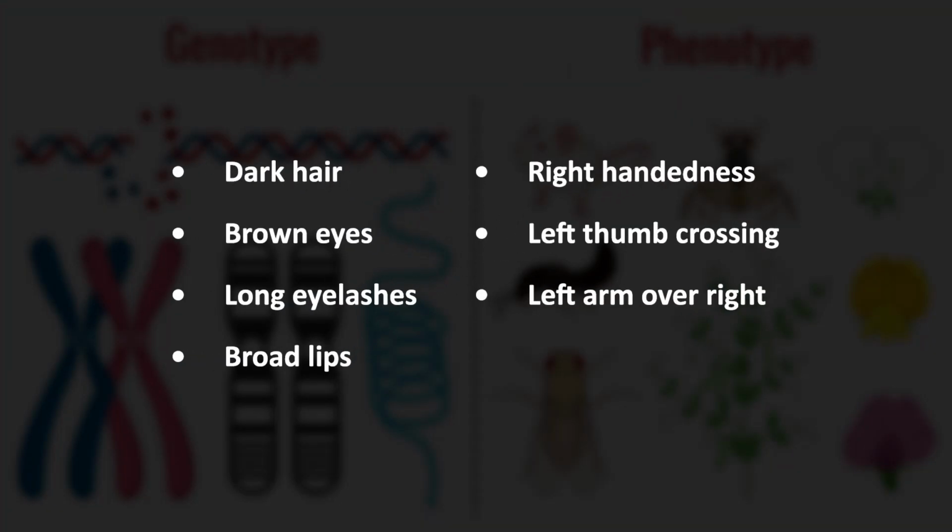The genotype having more dominant genes is considered the strongest because of dark hair, right-handedness, brown eyes, left thumb crossing, long eyelashes, left arm over right, broad lips, etc. In hot climate regions, certain races have broad lips as their dominant gene.